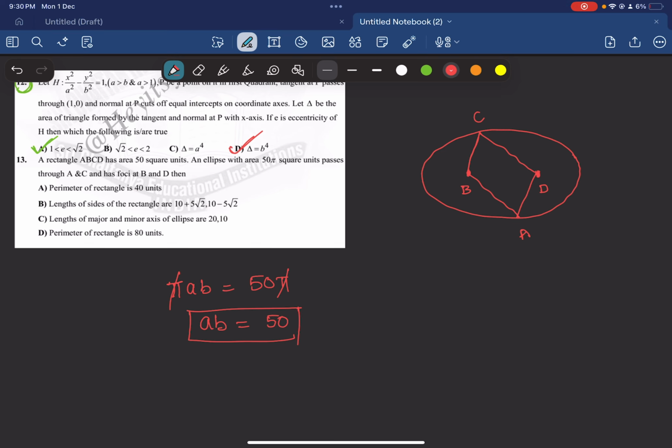Let us say this is P, this is Q. So PQ is equal to 50. We know BD is equal to square root of p square plus q square. We also know BD is equal to 2ae, so 2ae is square root of p square plus q square.